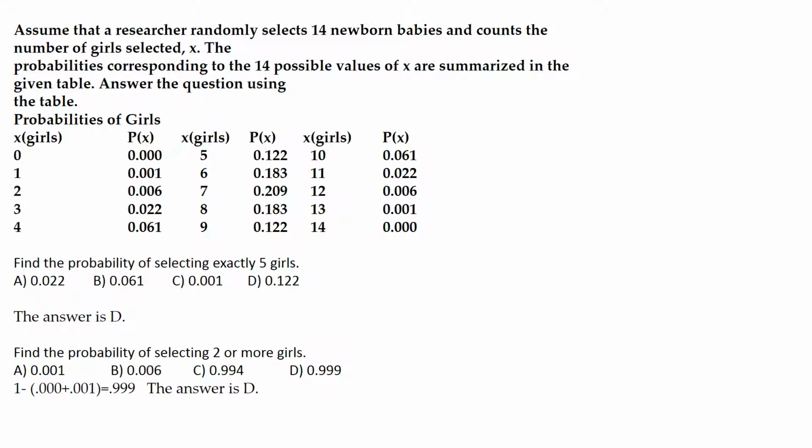If you look at the table, for 5 girls, the probability is 0.122. Find the probability of selecting 2 or more girls. If you use the complement of 2 or more, which is 0 or 1, you have 1 minus the sum of 0.000 plus 0.001, which equals 0.999. The answer is D.